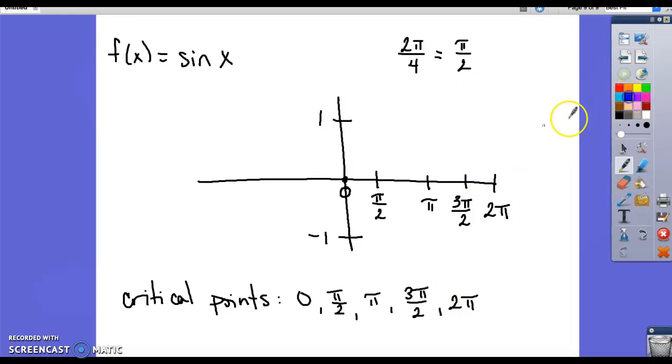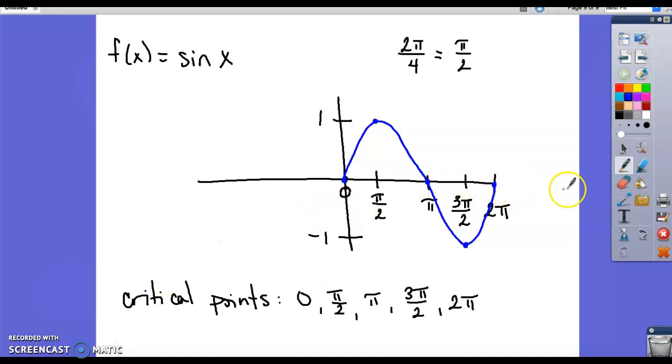When we graph a sine function, at our starting point, wherever we decide to start that graph, we're at the x-axis. Then we go up to the max, back to the x-axis, down to the min, back to the x-axis. And that is one full period of that graph.